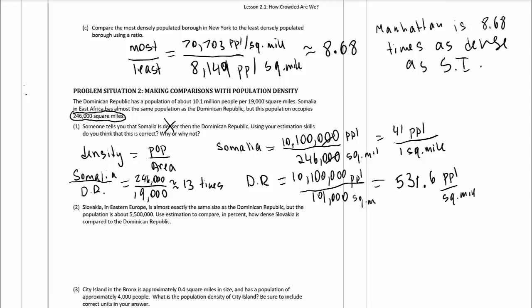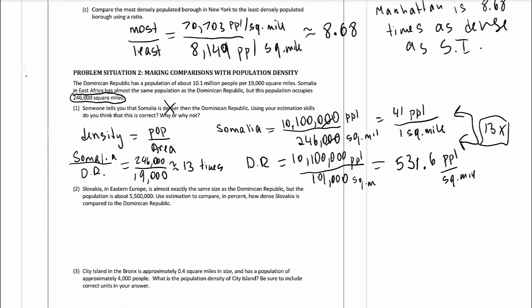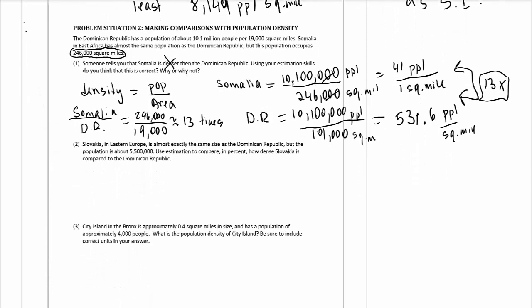So you see how Somalia is 13 times larger, but it's 13 times less dense than DR. DR is 13 times more dense. The Dominican Republic is 13 times the density of Somalia. So that's one of the things that you can note right here.